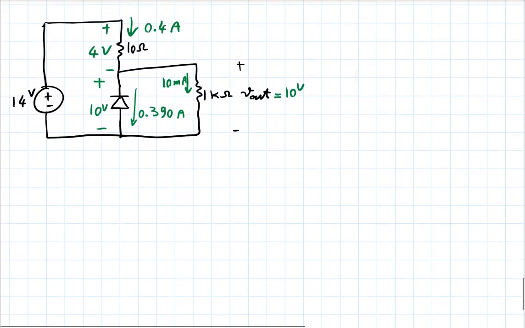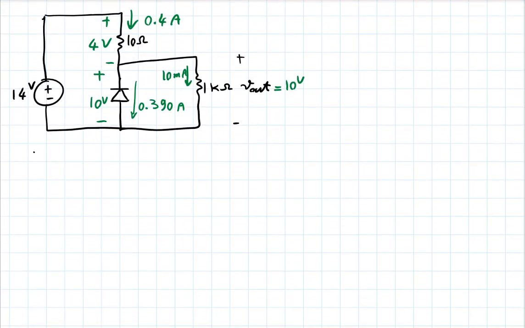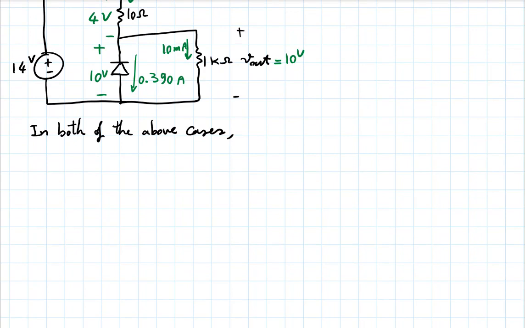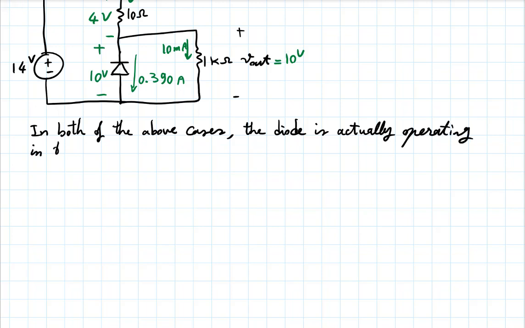So in both of the above cases, the diode is actually operating in the breakdown region. Reverse voltage and reverse current.